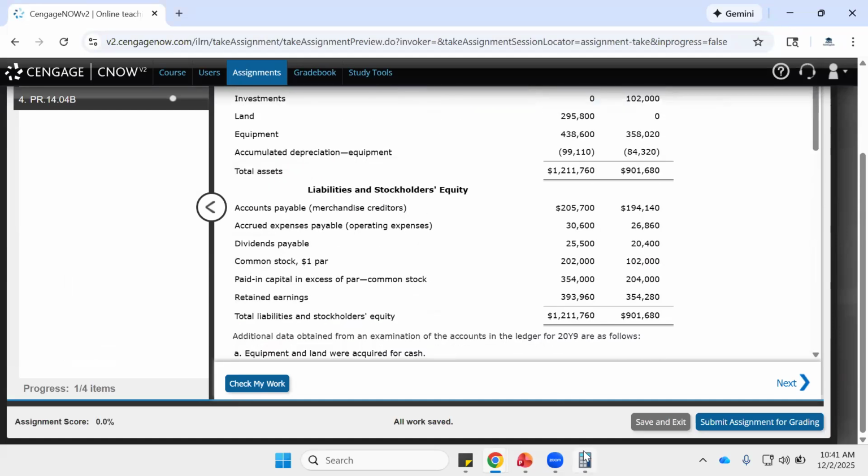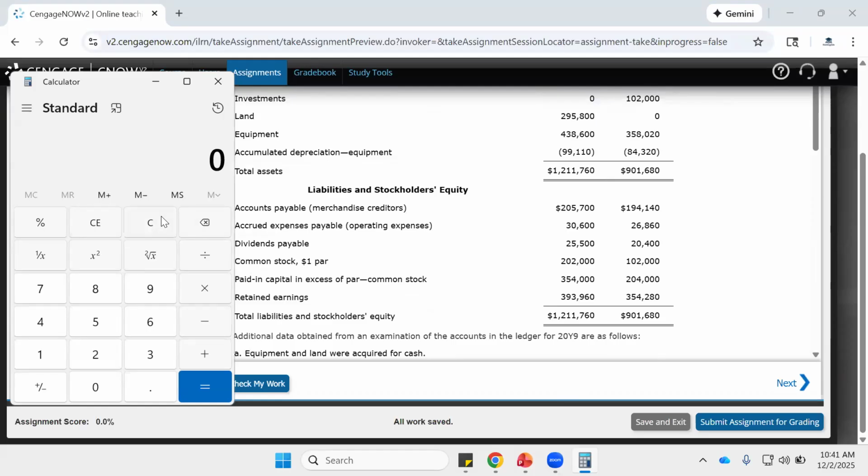On to common stock. As part of our common stock, we issued common stock for par, and then we have paid in capital in excess of par common stock. It's really easy to miss paid in capital in excess of par because it's not directly in the common stock amount.